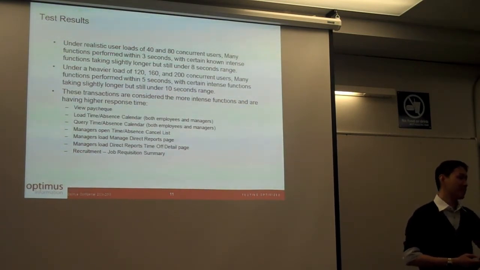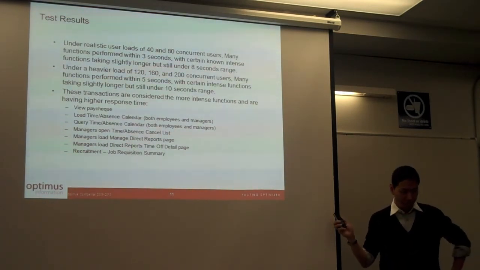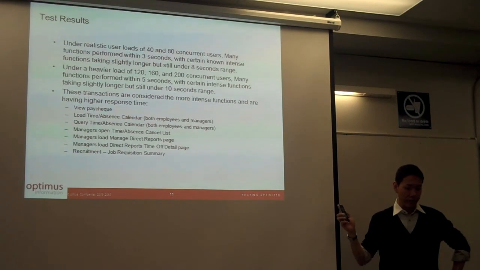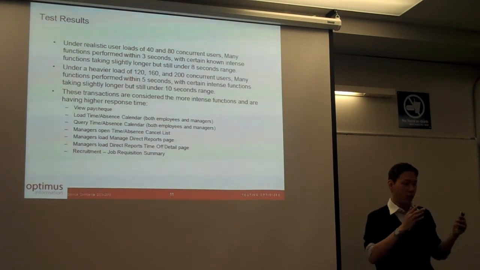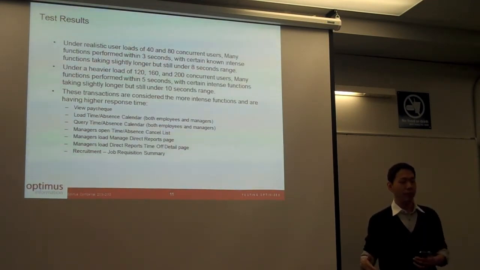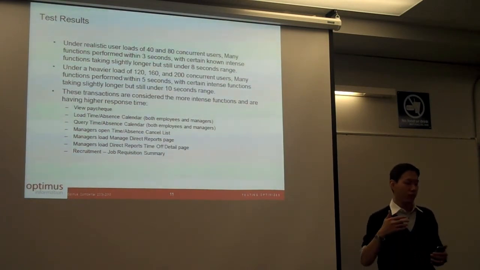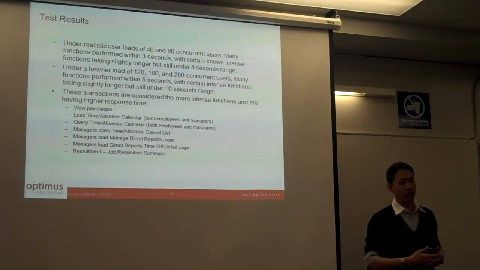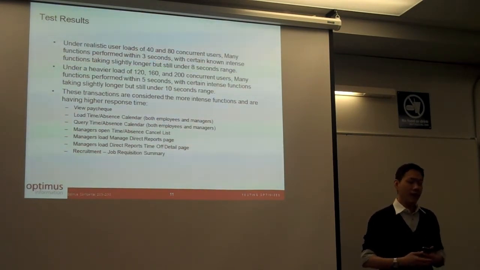We will run that. For this particular project, the different level of loads you saw, 40, 80, 120, 160, 200, we do a realistic ramp-up time, meaning one user every 2 seconds. We also do unrealistic stress ramp-up time, 10 users every second.